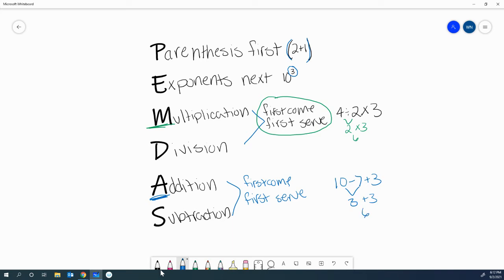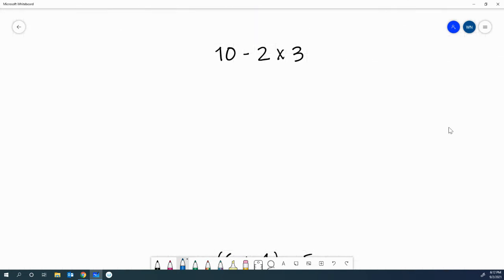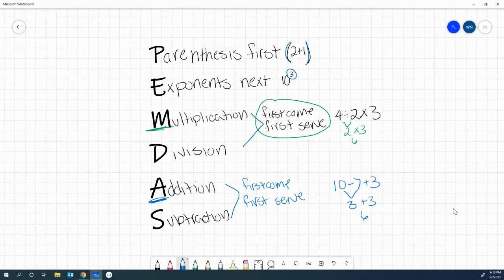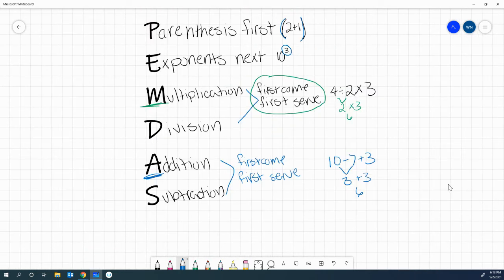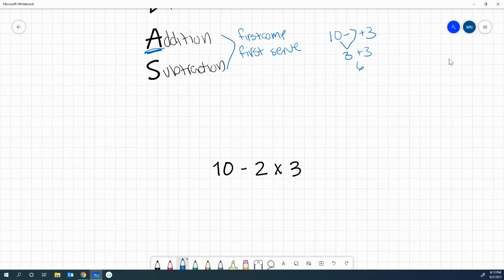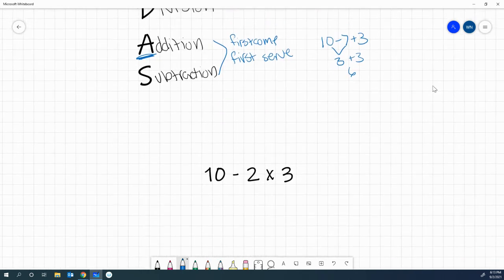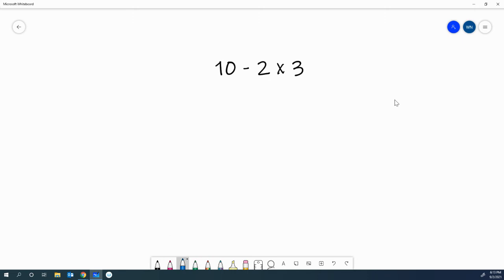All right, let's dive into some practice problems. 10 minus 2 times 3. Let's go back and think about our PEMDAS. Parentheses first. I don't see any parentheses. Exponents next. I don't see any exponents. Multiplication and division in the same step. Perfect. So let's do some multiplication. Looking from left to right, I see 10 minus 2 times 3.